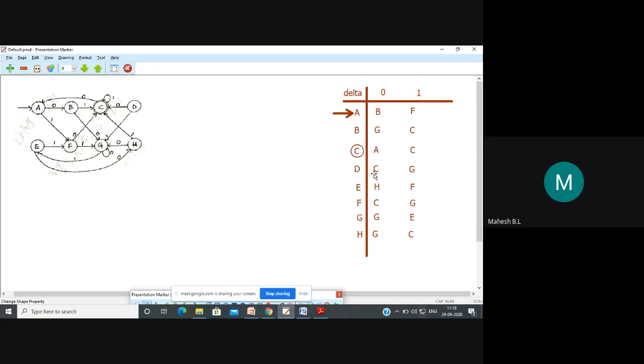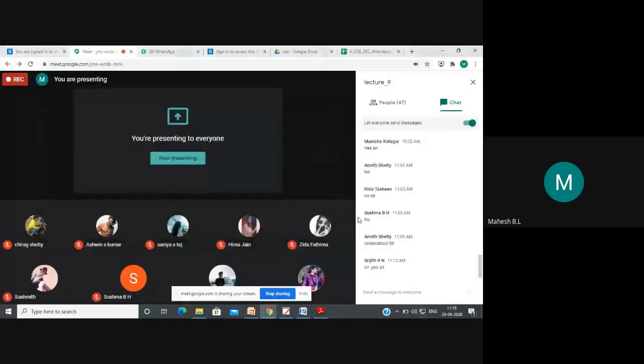D on 0 is C, D on 1 is G. E on 0 is H, E on 1 is F. F on 0 is C, on 1 is G. G on 0 is G, on 1 is E. H on 0 is G, on 1 is C. This is the right transition table.